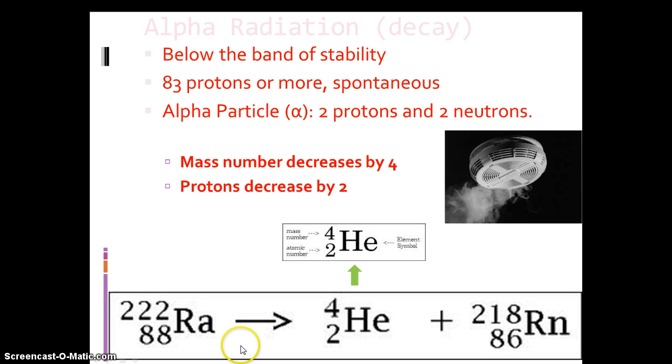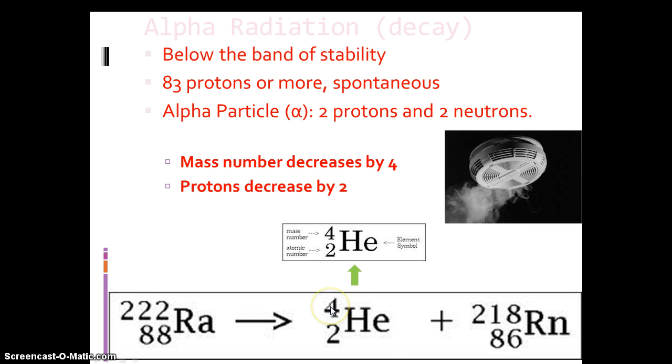So let's look at a reaction. I start with radium, the mass number of radium is 222, and radium is element number 88 on the periodic table. This isotope of radium isn't the most stable. It doesn't have a very stable proton to neutron ratio, so it undergoes alpha decay, meaning it's going to give off this particle. This is the alpha particle. That's what you want to remember. Here's the pattern.